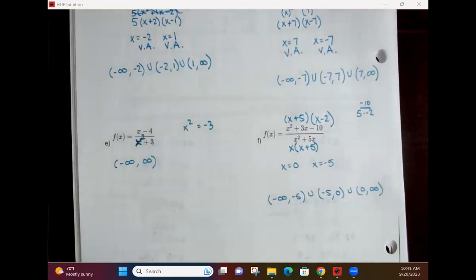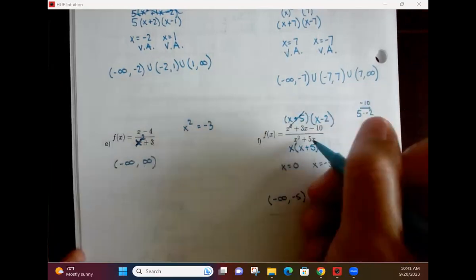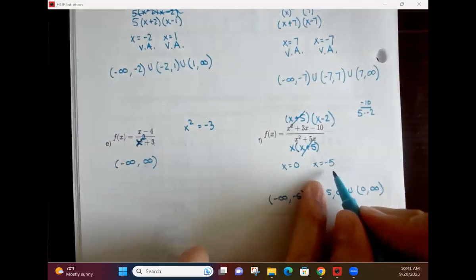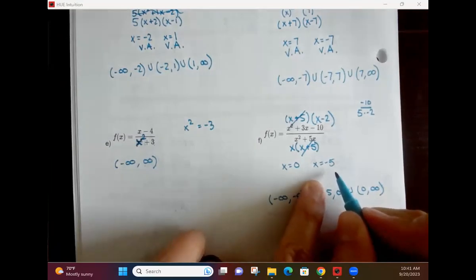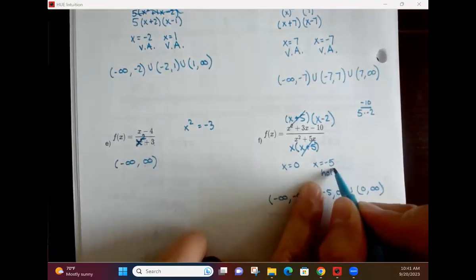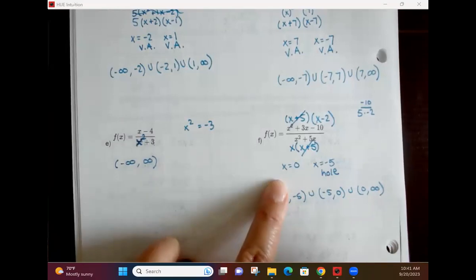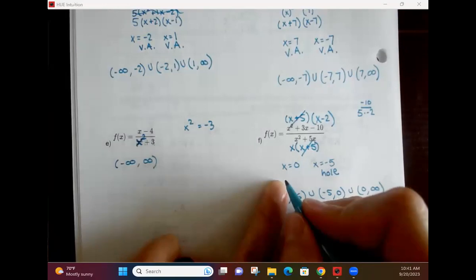Can I reduce anything? What can I reduce? The x plus 5, right? So that means at negative 5, what do I have? A hole. And at 0, what do I have? A vertical asymptote.